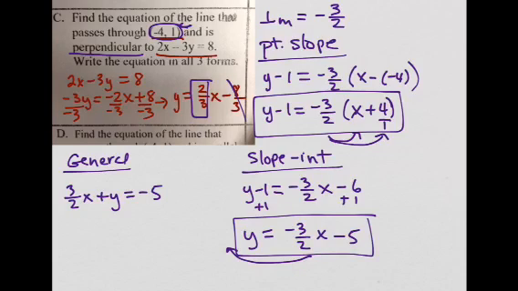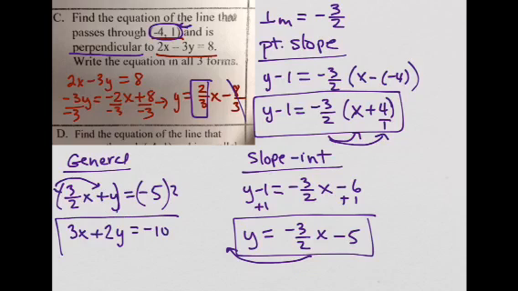Now, it's common practice to get rid of any fractions so that all you have as coefficients are whole numbers. So I'm going to multiply both sides by 2. So then that gives me 3x plus, don't forget to distribute the 2 right there, 2y equals negative 10. So that would be the general form.